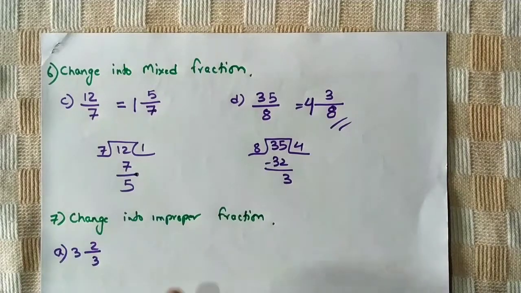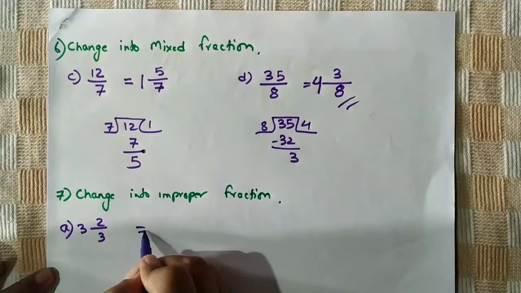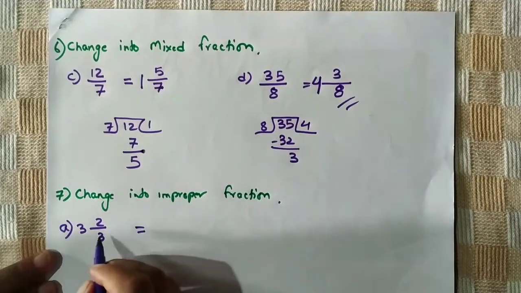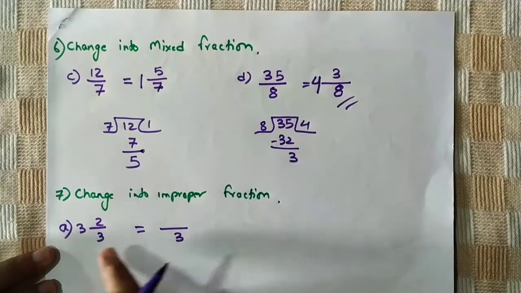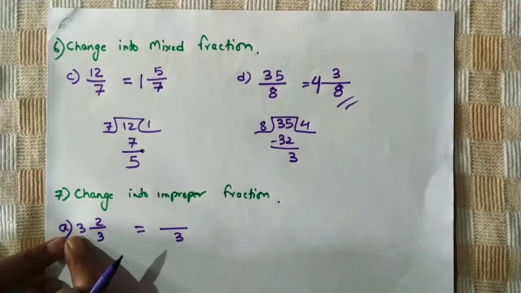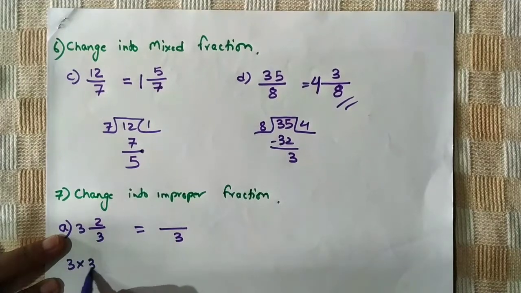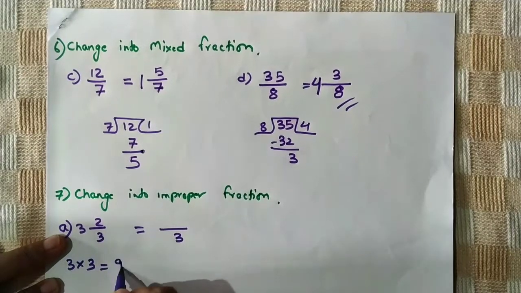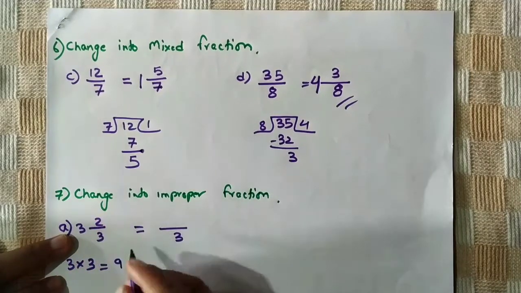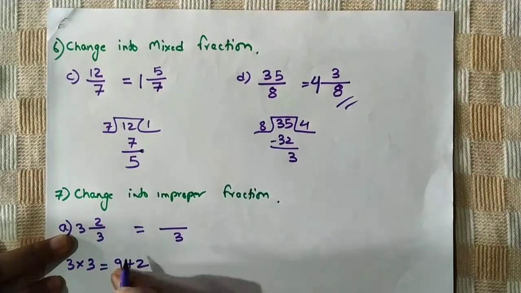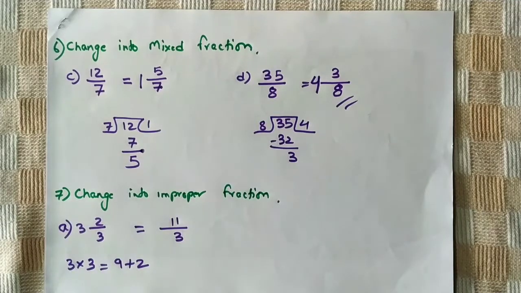So look carefully over here. So over here you'll have to multiply it. Okay, the denominator will always be same, that is 3, but 3 multiplied by 3 is how much? For example, 3 into 3 is how much? 9. So this 9 you will have to add it with 2, that is 9 plus 2 is 9, 10, 11. So this has been changed into improper fraction.